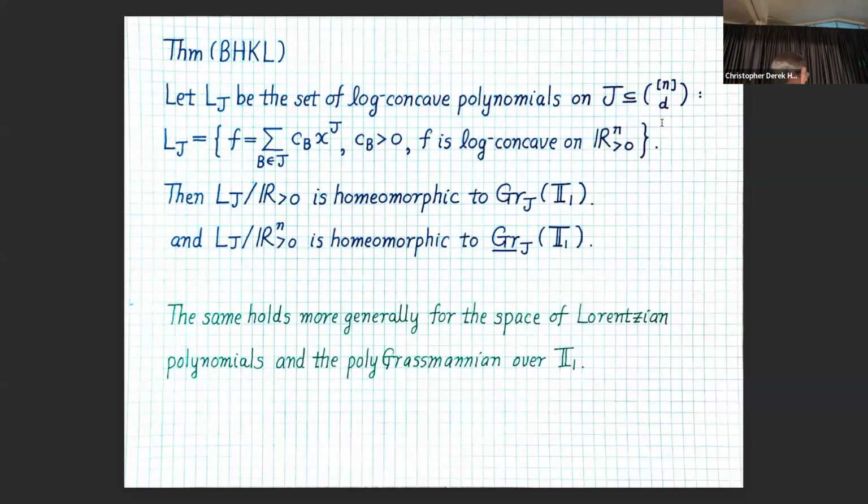And the claim is that this space Lj modulo global scaling is homeomorphic to the thin Schubert cell of J over T1. And the right-hand side is not an exotic space. It's a very concrete space.